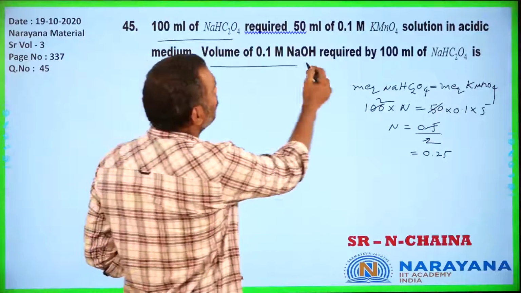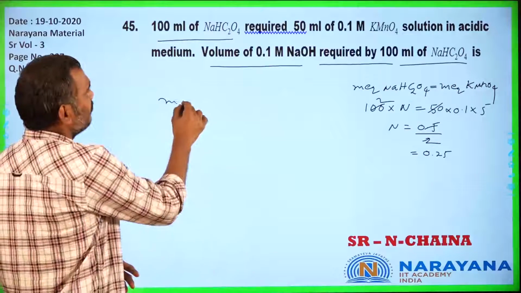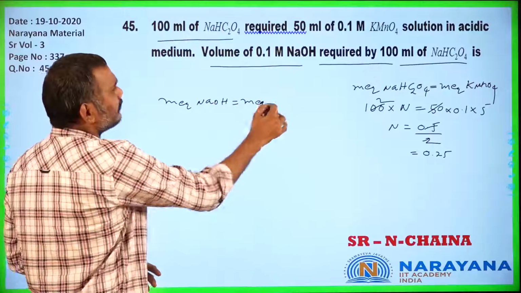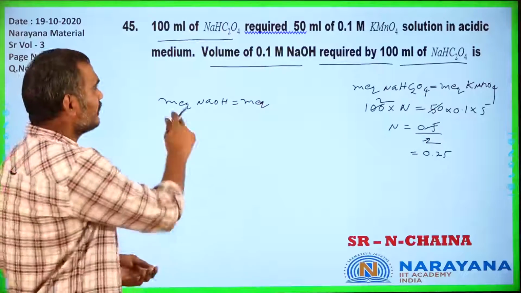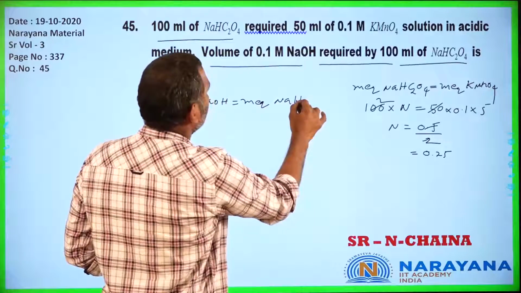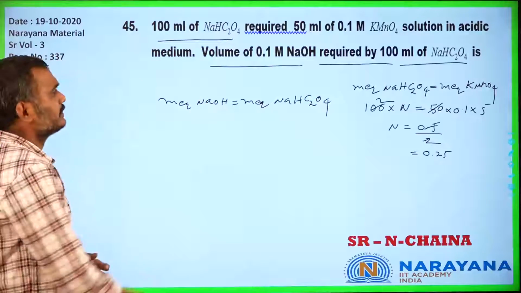Then the volume of 0.1 M NaOH required for 100 ml of this one: milliequivalence of sodium hydroxide is equal to milliequivalence of sodium hydrogen oxalate, monosodium oxalate.